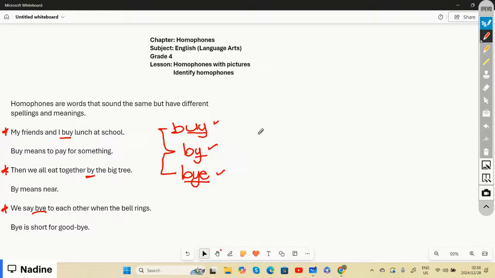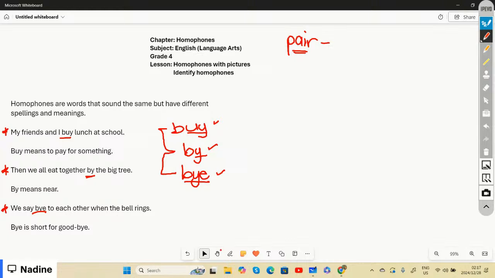All right, so look at the word pair. Think of another word that sounds the same as pair. Remember, I already wrote this word pair like this, right? It means two. Either like a pair of socks, a pair of mittens, a pair of gloves, a pair of shoes, a pair of earrings, something that is like two.